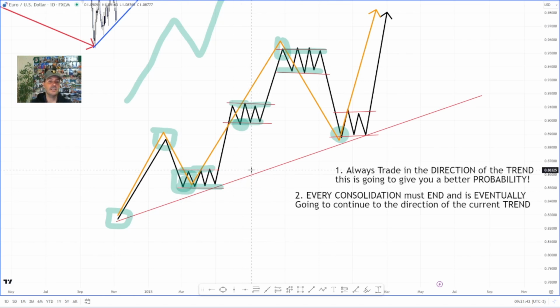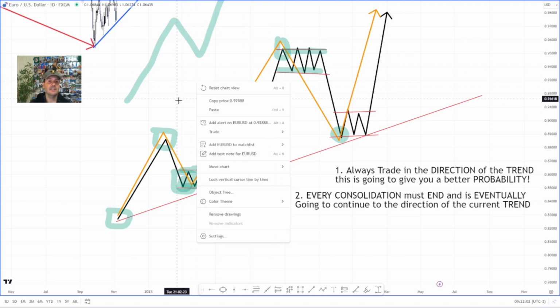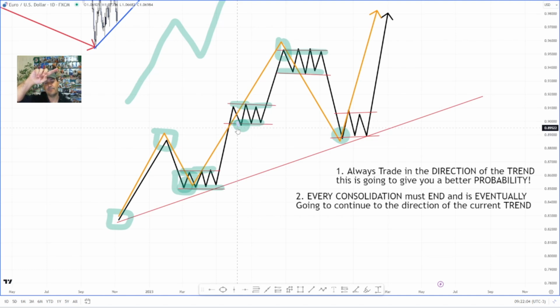Then would it make sense to you, based on those concepts, not to sell consolidation in an uptrend? Not that this is wrong, but selling consolidation in an uptrend is low probability compared to buying consolidation in an uptrend. Does this make sense?